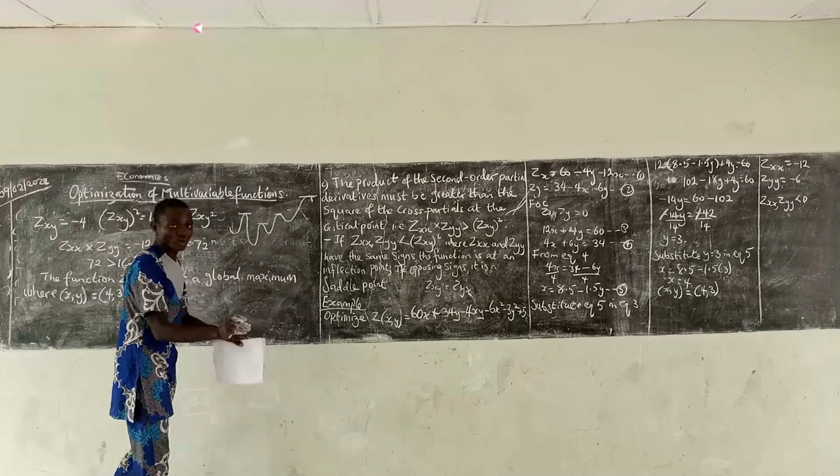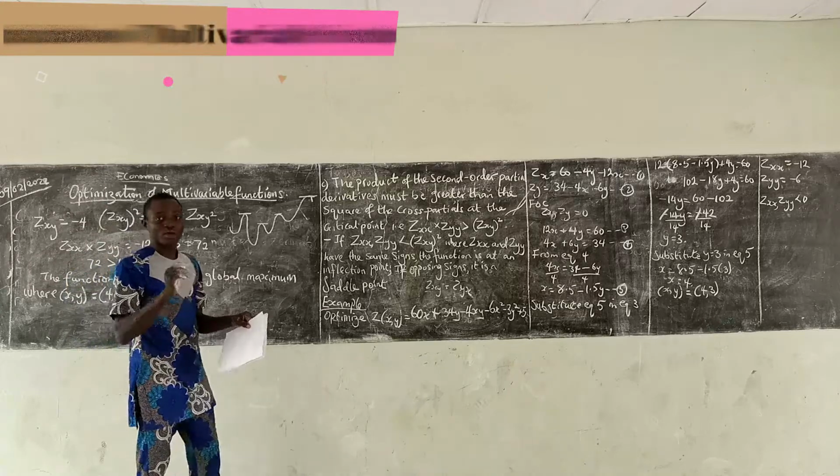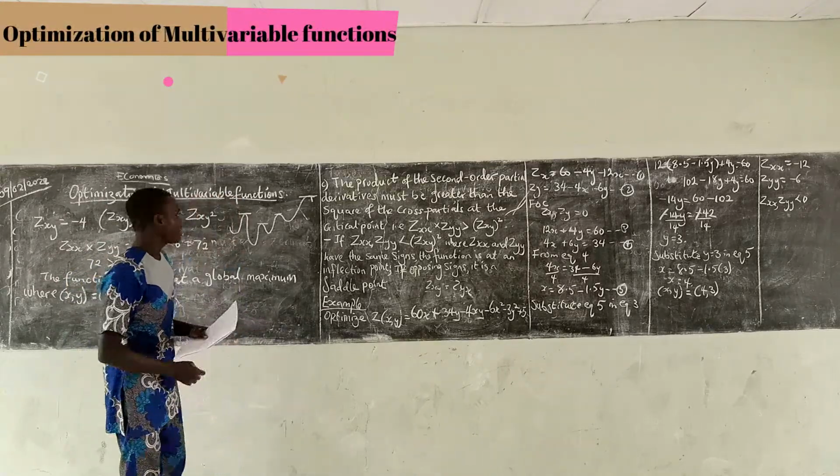So that's how to conclude. That conclusion is very important. I'm serious. Your lecturer, your teacher will be looking for that conclusion, so you need to know how to conclude.